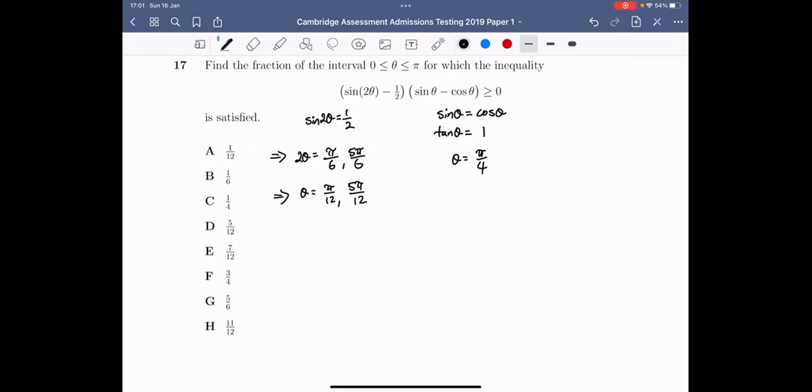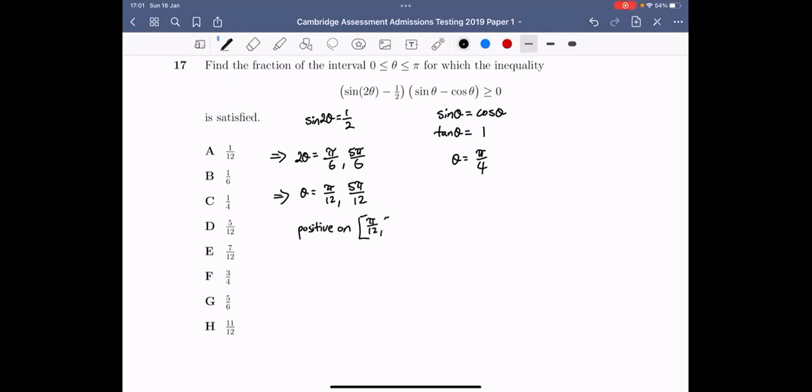Then, from the behavior of this function, that means this is positive on the interval. So it says find the fraction of the interval. So I'm just going to write my answer in interval form and then figure out the answer from that.